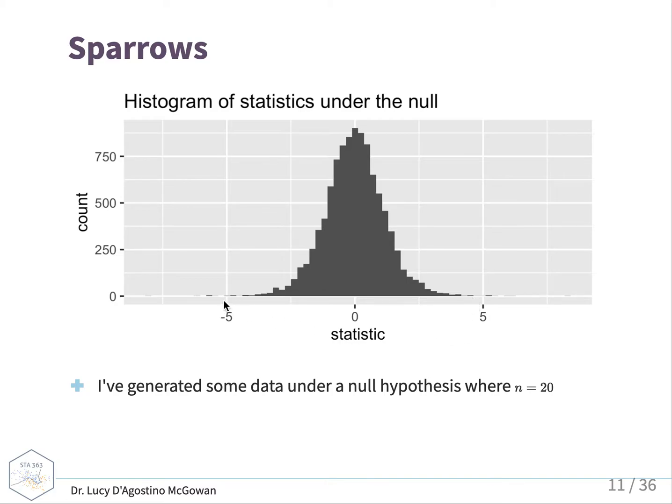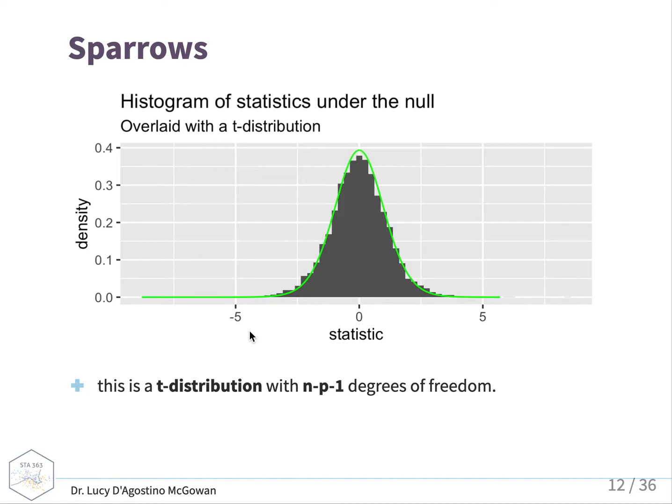Here, in this null hypothesis, I'm assuming that n equals 20. This is going to be a different shape depending on what my sample size is. But for this one, just for demonstration purposes, I'm assuming that n equals 20, and I'm going to build up some intuition behind this. I can overlay this histogram under the null with a t-distribution to demonstrate that, under the null hypothesis, this is t-distributed.